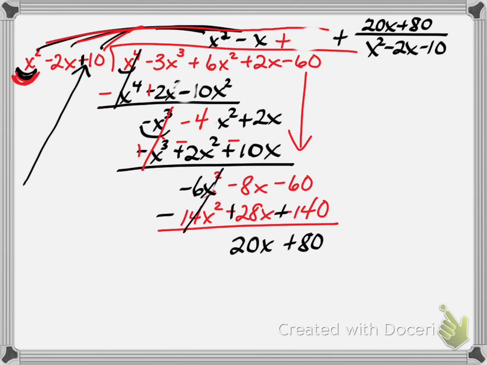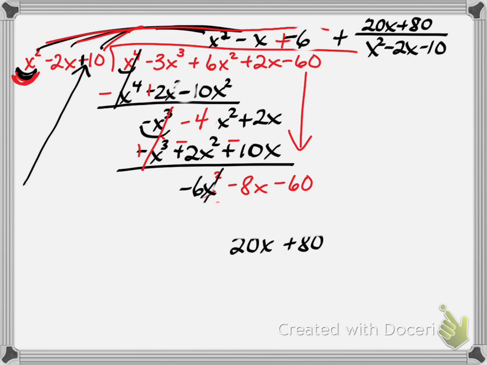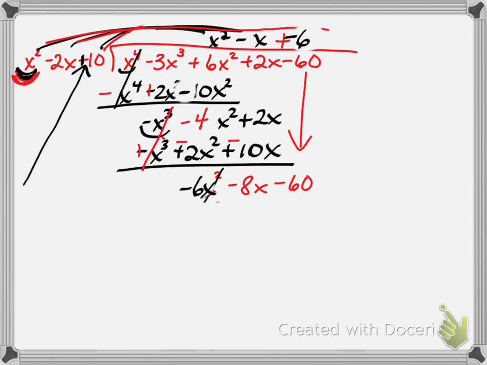So this is a negative 6, which messes all of this up. I'm so sorry. So that's negative 6x squared plus 12x minus 60. Draw the line and change those signs.